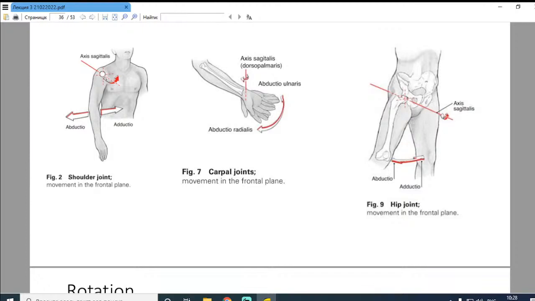Movement in the frontal plane: abduction ulnaris and abduction radialis. Next, hip joint. Movement in the frontal plane. You see adductor and abductor. In frontal plane movement.